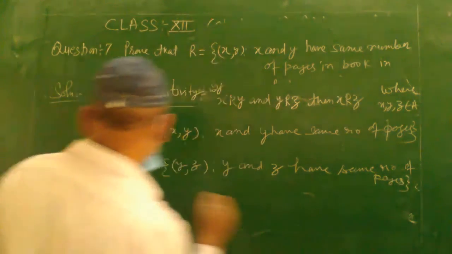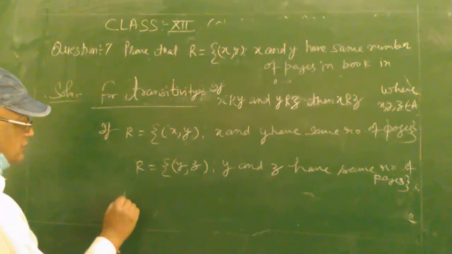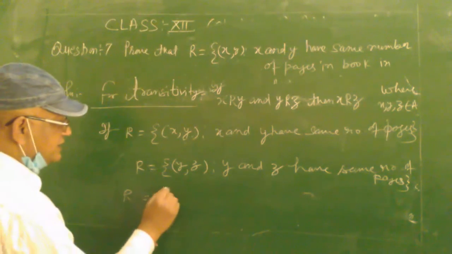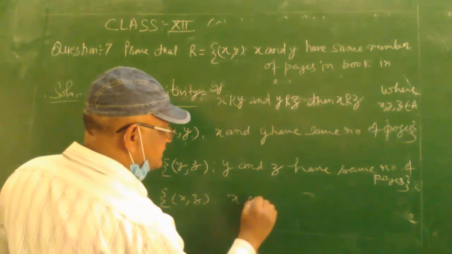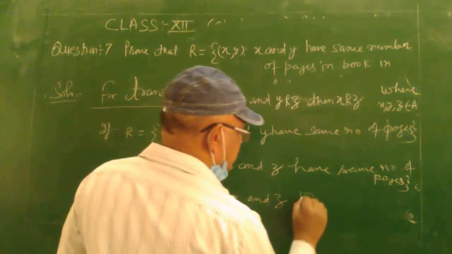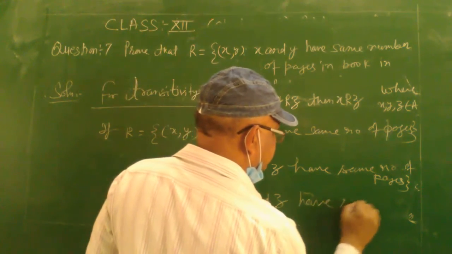Then after, on the behalf of this two statement, you will write x, z, such that x and z have same number of pages.